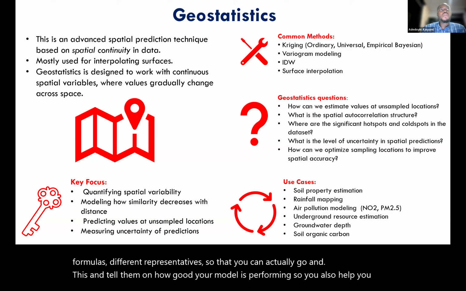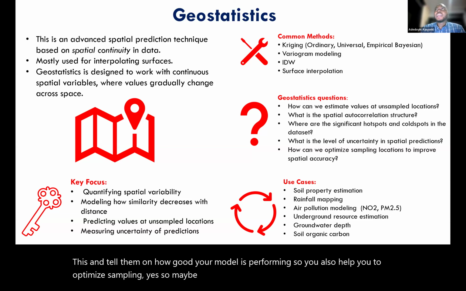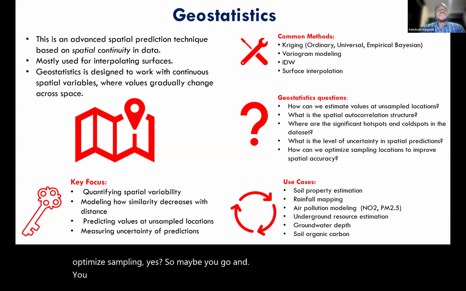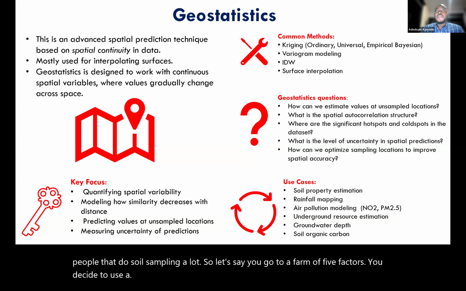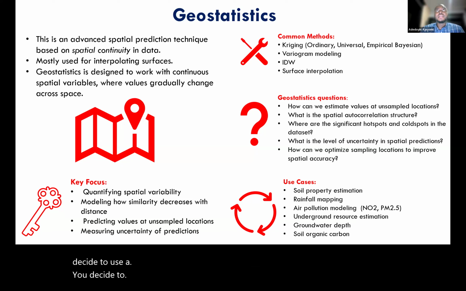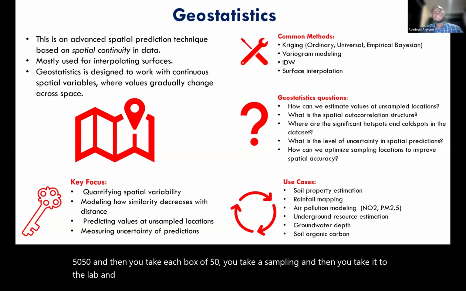Yes. So maybe you can actually go to a farm and collect samples. Geostatistics is actually used by people that do soil sampling a lot. Let's say you go to a farm of 5 hectares, you decide to divide the 5 hectare farm into like 50 boxes, and then you take a sample from each box, take it to the lab, and then use it to estimate for that particular area.